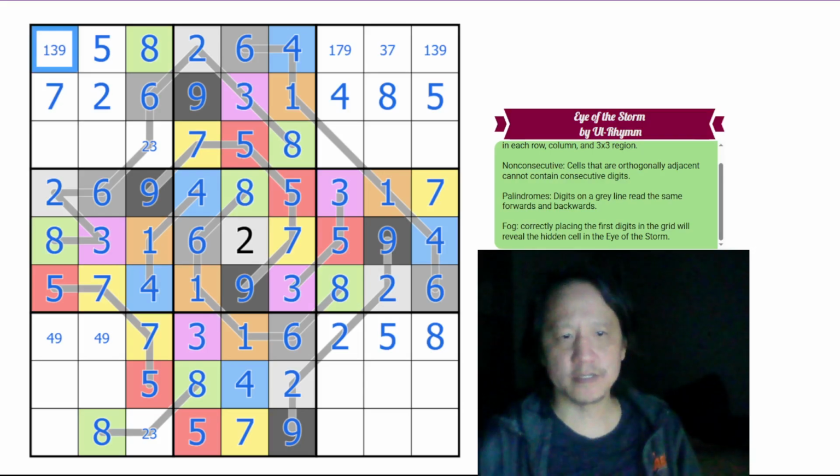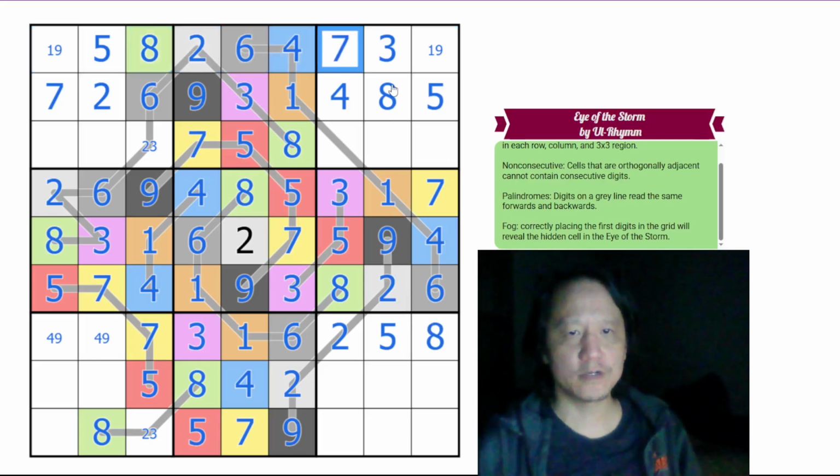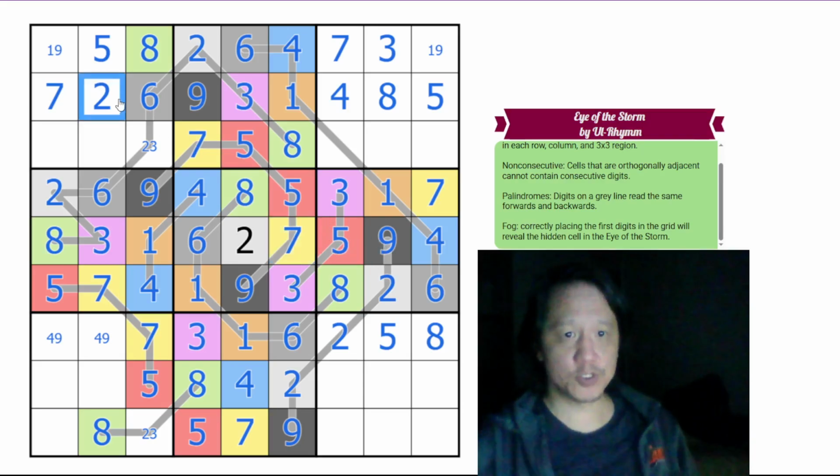That eliminates 7 here. 7 cannot be consecutive with 8, so this is 3, which eliminates 3 in the rest of the row. We need a 7, so this must be 7 here in row 1. 2 eliminates 2 here, so this is 3, this is 2.